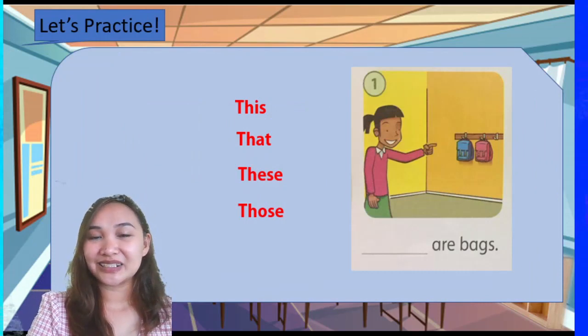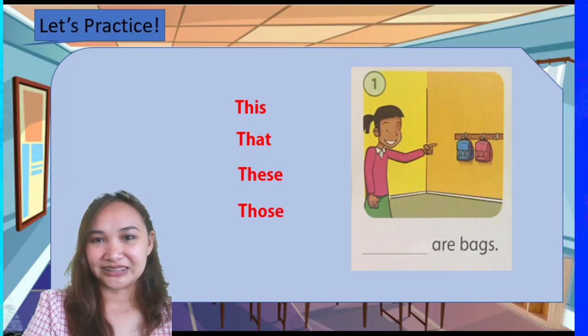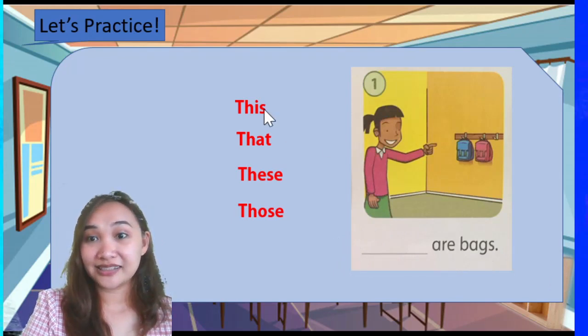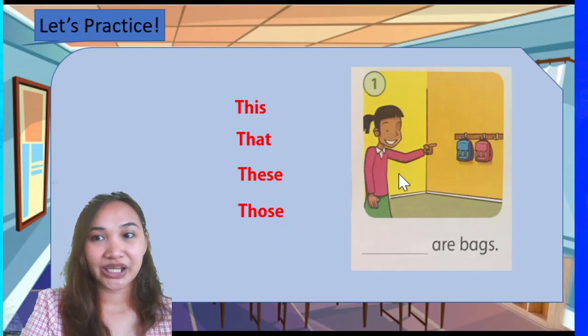So look at the girl. If you are the girl, what would you say? Let's complete the sentence. Blank are bags. We will use this, that, these, or those. Look at her.